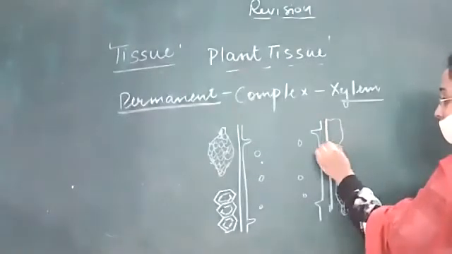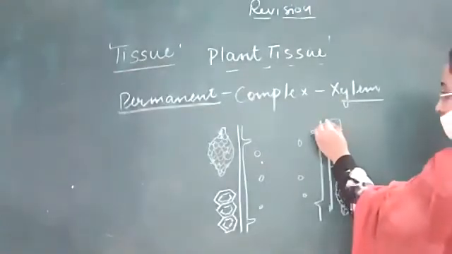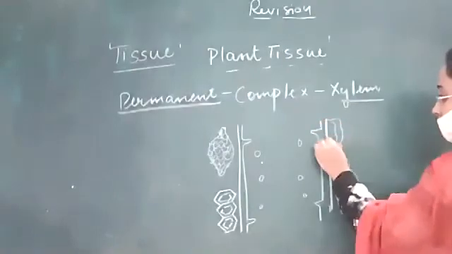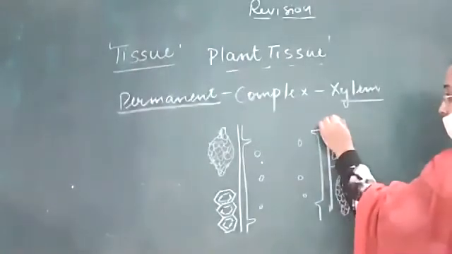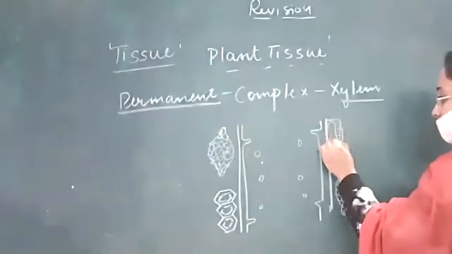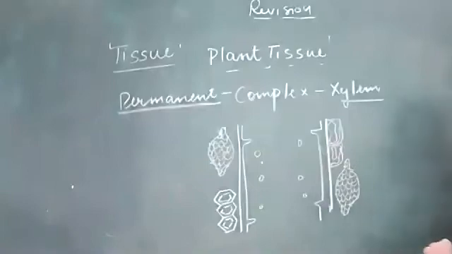It is xylem parenchyma. तो parenchyma में हमें पता है क्या होता है? There is a nucleus and vacuole. You can form a double membrane also to show the cell wall and cell membrane. Okay? So these are the various components of xylem.